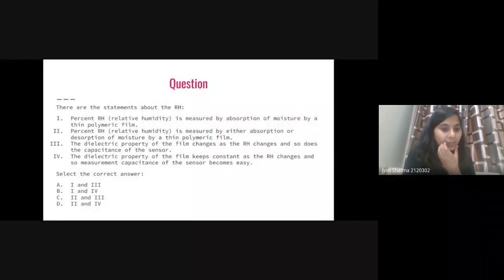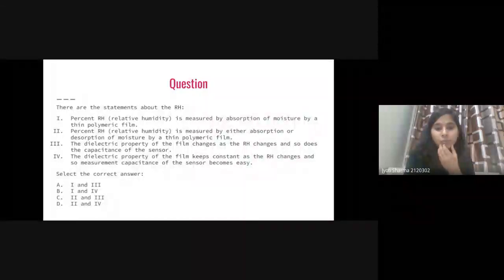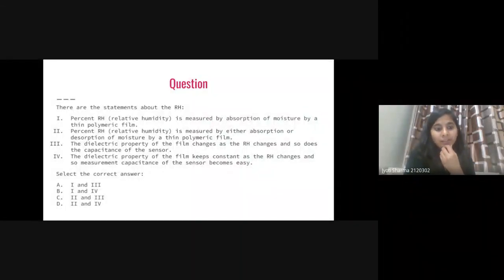Relative humidity is measured by the absorption of moisture by the thin polymeric film. Okay, that polymeric film is in that instrument. The relative humidity is measured by either absorption or desorption of moisture by the thin polymeric film. Then the dielectric property of that film changes as the relative humidity changes, and so does the capacitance of the sensor.